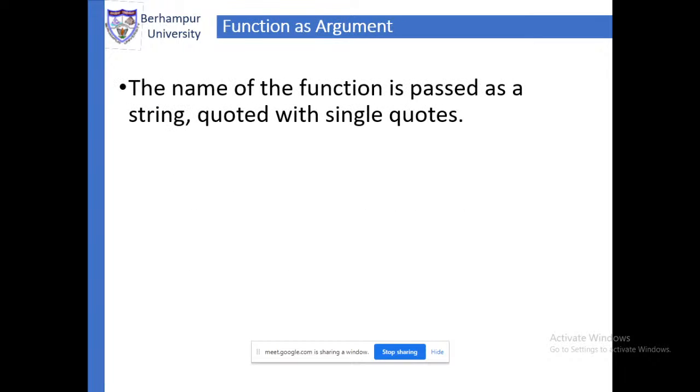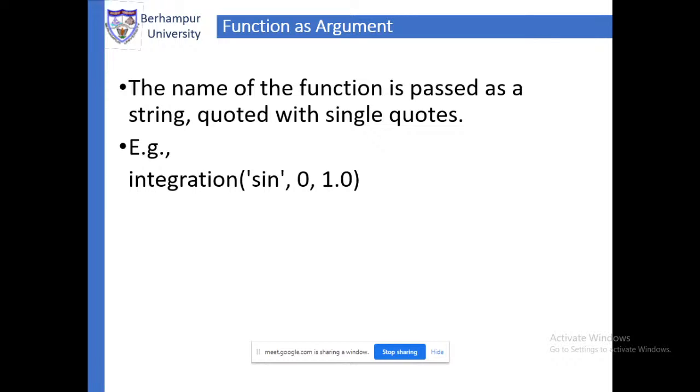You can use a function as an argument for another function. The name of the function is passed as a string quoted with single quotes. Within string and character, they are always to be within single quotes. For example, you can write integration of sine 0 comma 1.